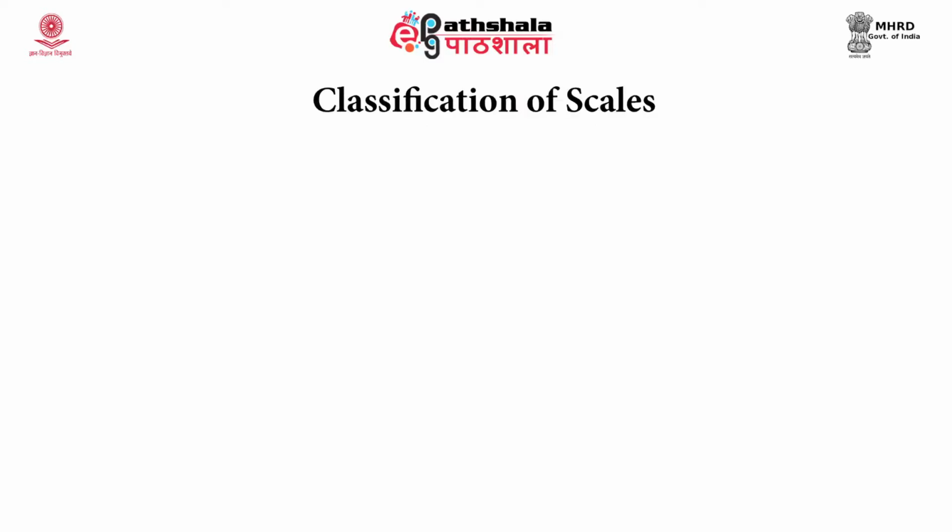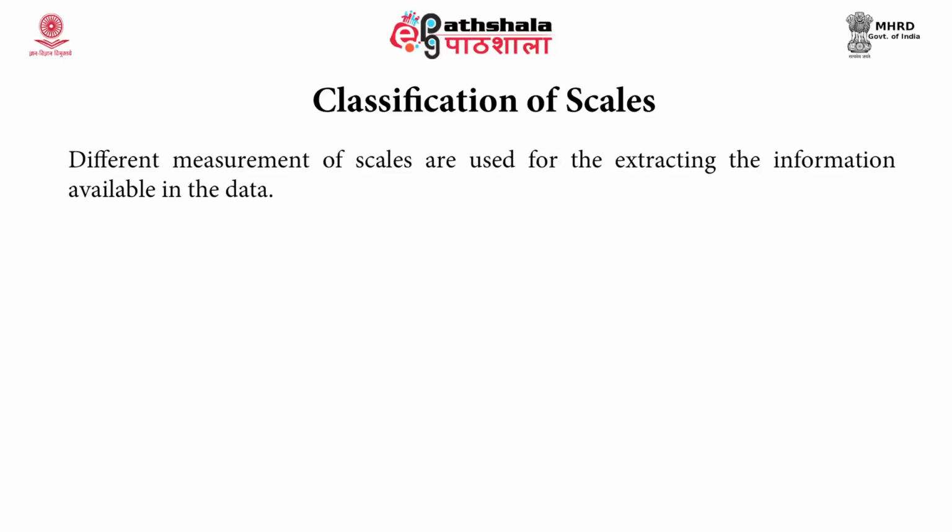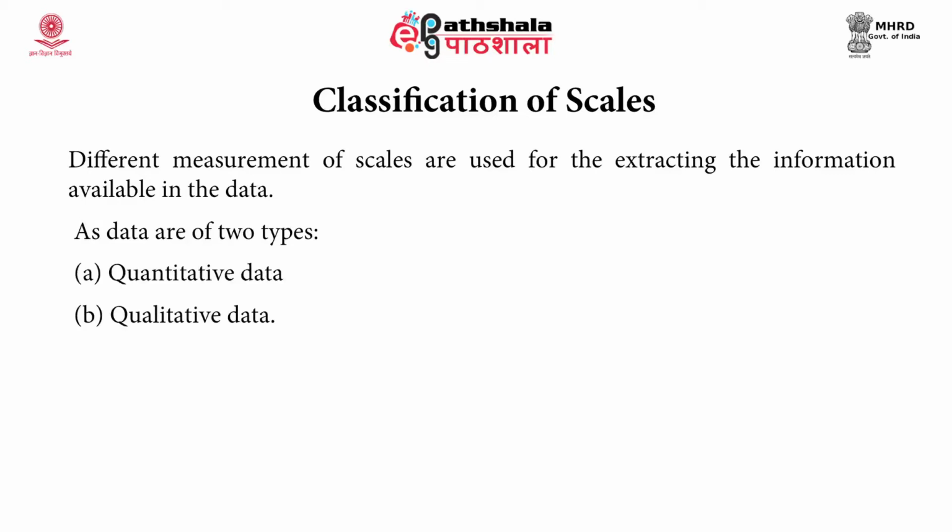Now come to the classification of scale. Different measurement scales are used for extracting the information available in the data. As data are of two types, quantitative data and qualitative data.